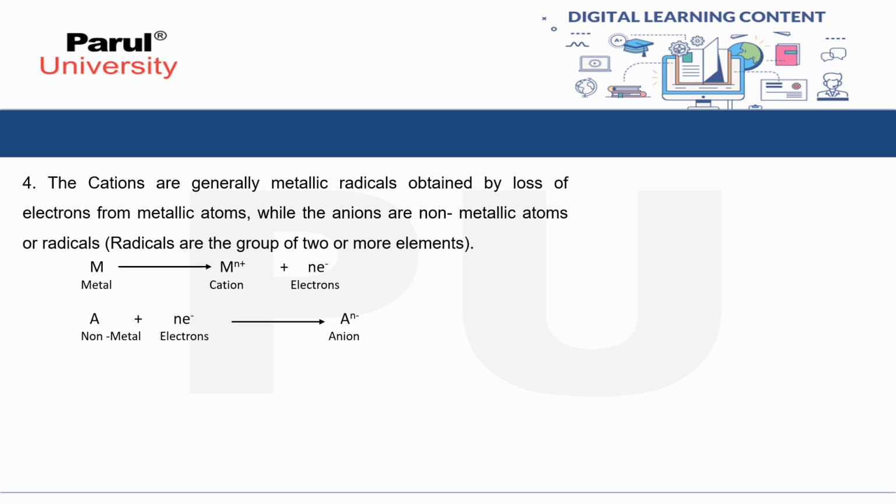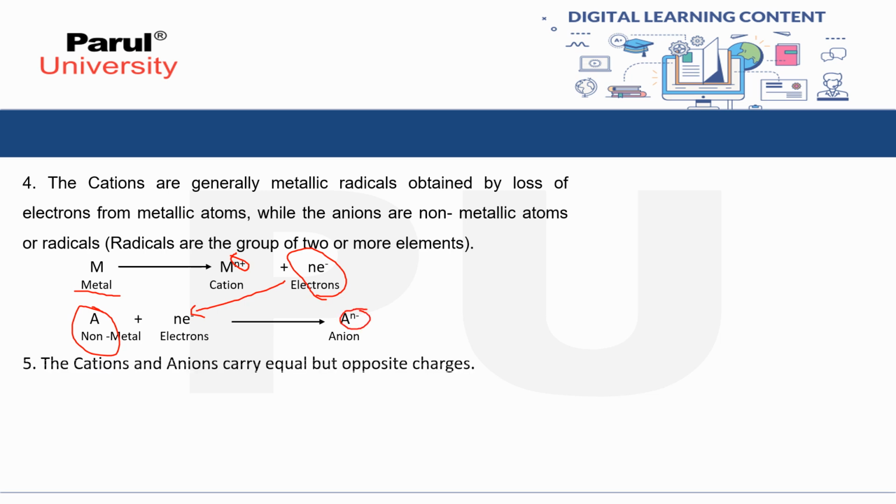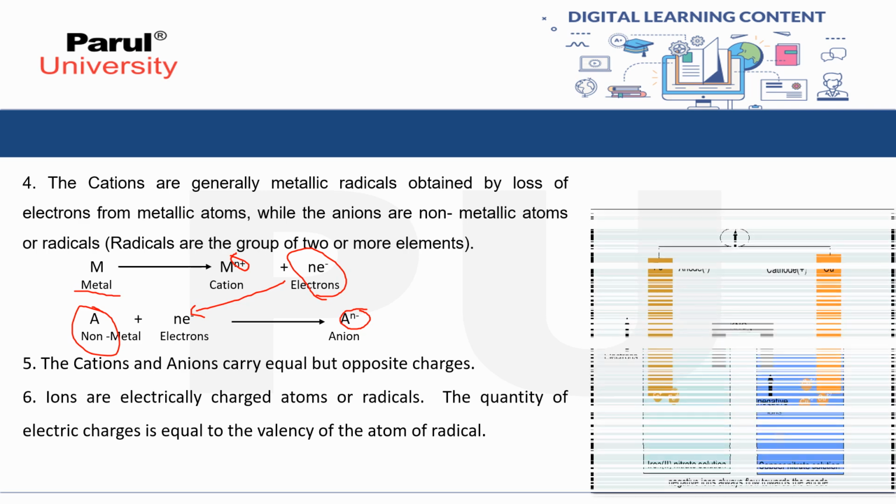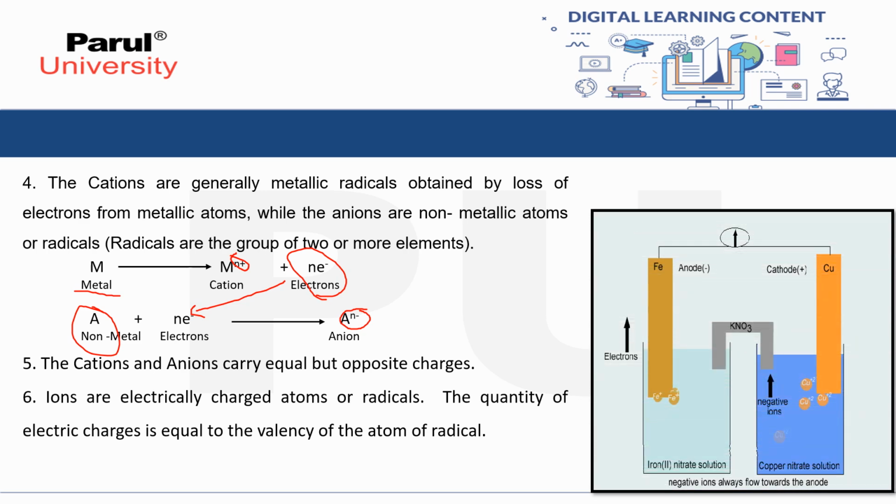For example, a metal will lose electrons and form a positive ion, and the non-metal will accept these electrons lost by the metal and form an anion, the negative ion. The cations and anions carry equal but opposite charges. Ions are electrically charged atoms or radicals. The quantity of electric charge is equal to the valency of the atom or radical.